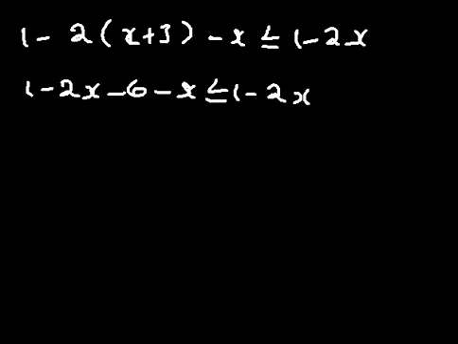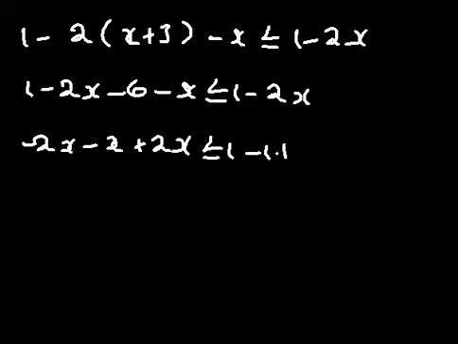And of which you have this x, and also this x. Now having the like terms, we'll have negative 2x, negative x, and a plus 2x less than or equal to 1 and minus 1 plus 6. Mind you, as we are transferring the negative number, the sign shouldn't change.